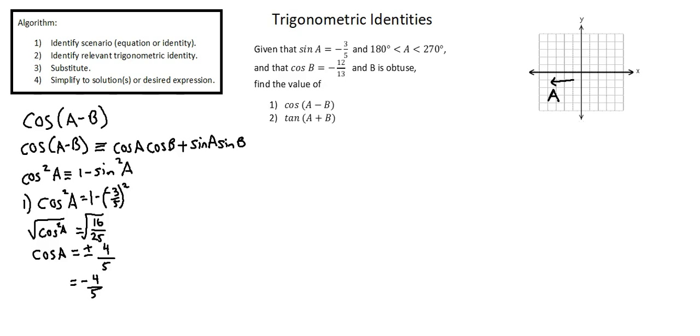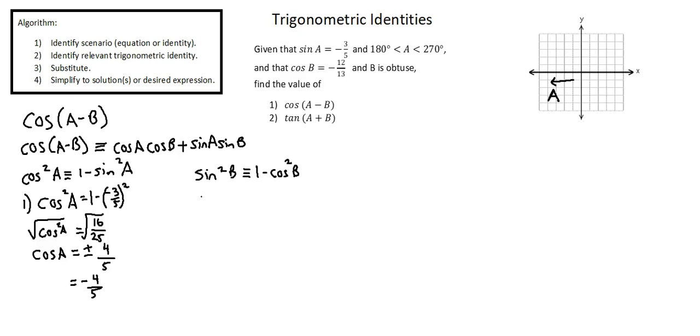Let's move to angle B. As with angle A, let's use a Pythagorean identity to find the value of sine of B. Sine of B squared is an identity with 1 minus cosine of B squared.